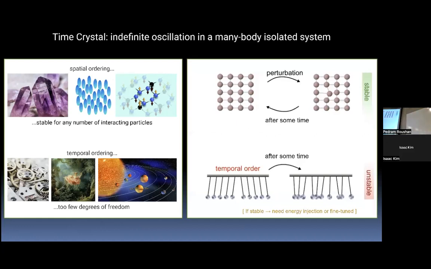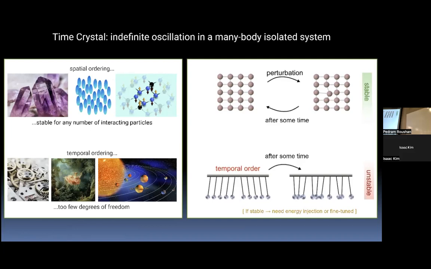So you can really challenge by posing a question: can we find a system which indefinitely oscillates in isolation, without intake of energy, without dissipating energy? Can it indefinitely oscillate? So there are four components in this definition: isolated, indefinitely, many-body, and it can also be a phase of matter, not a fine-tuned case that you cannot repeat.